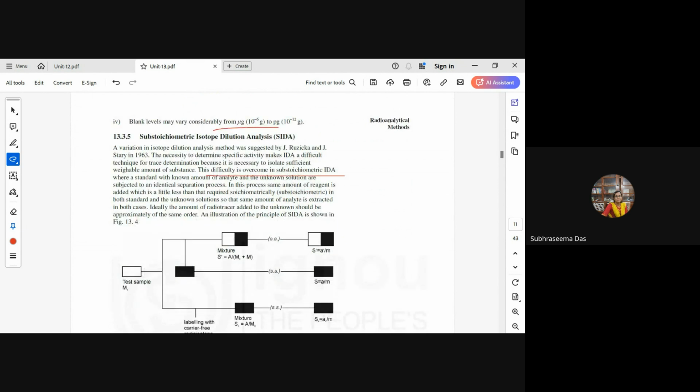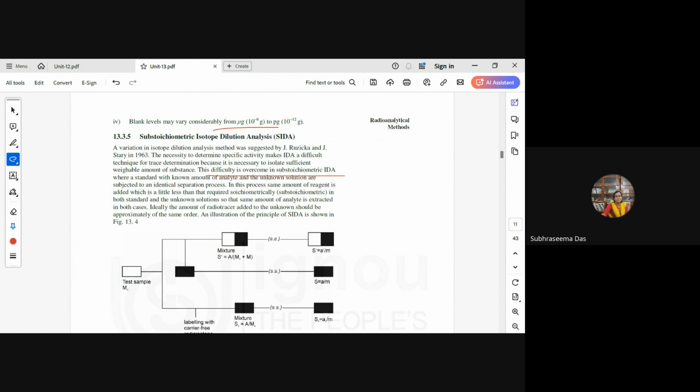In this process, the same amount of reagent is added, which is a little less than that required stoichiometrically. That is why it is called a substoichiometric process. In both the standard and the unknown, the reagent is added in substoichiometric amount, and then the analyte is extracted.